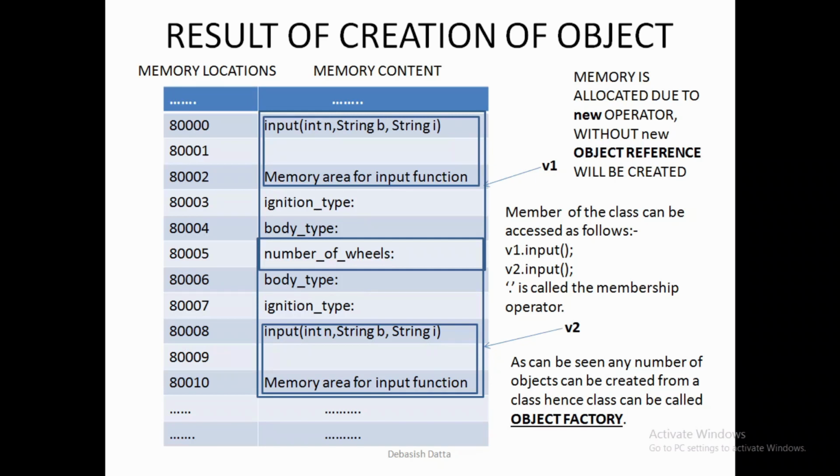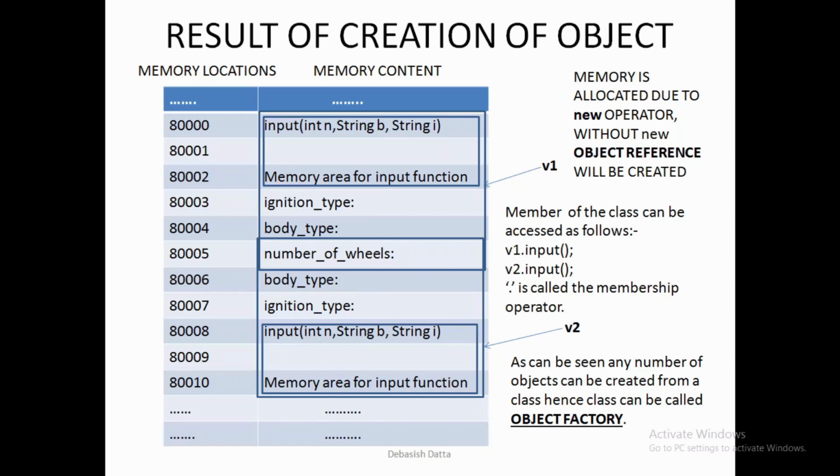How much memory will be reserved for an object is determined, and that amount of memory will be reserved by the new operator. The new operator calculates the required amount of memory, reserves the memory in the computer's main memory, that is RAM, and allows the object to point to that particular group of memory.